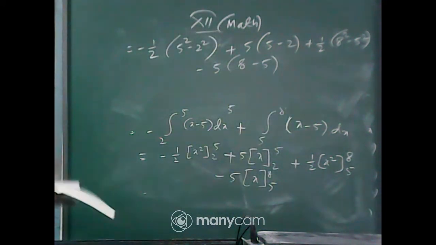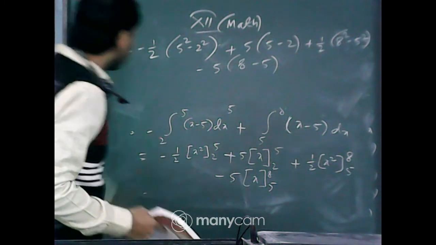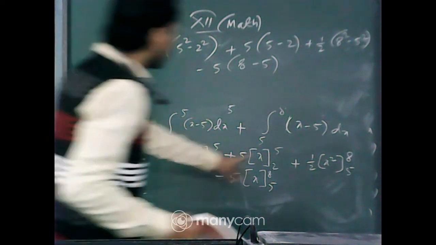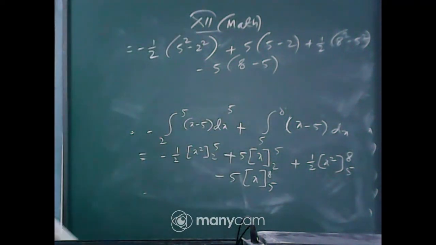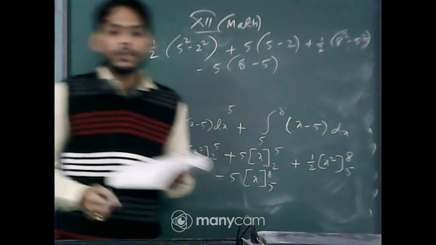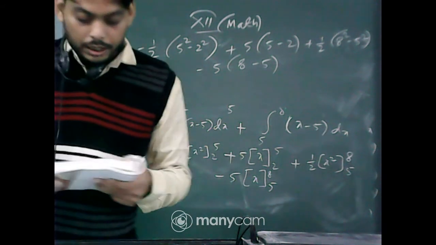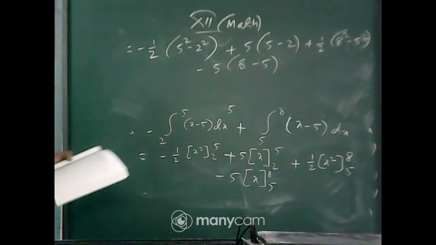Just put the upper limit first, minus, then the lower limit. So minus 1 by 2 into 5 square minus 2 square plus 5 into 5 minus 2, then plus 1 by 2 into 8 square minus 5 square, then minus 5 into 8 minus 5. Just do the calculation by yourself and find the answer. Okay. So next move on to question number 7.